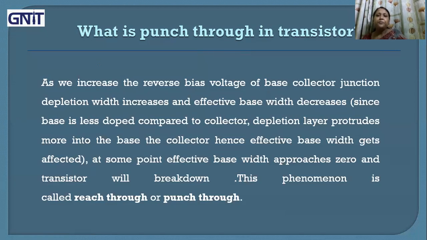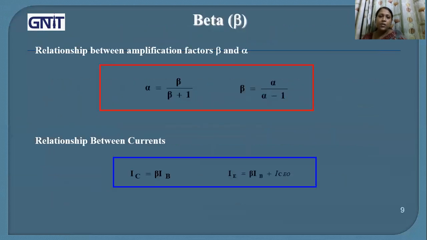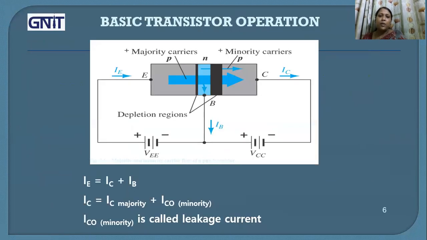That means, if we increase the reverse bias voltage, what will happen? This is the base region, this is the collector region, and the depletion layer will penetrate more into the base region than the collector region, because the base region is less doped or lightly doped.